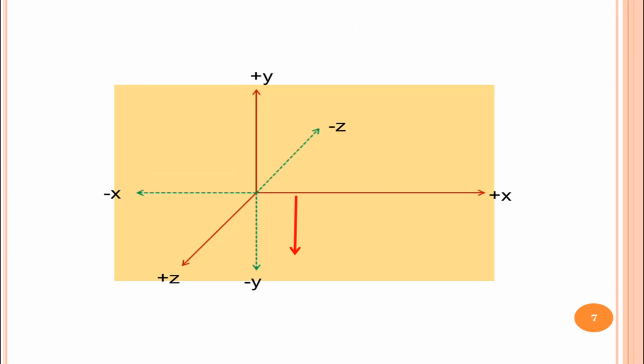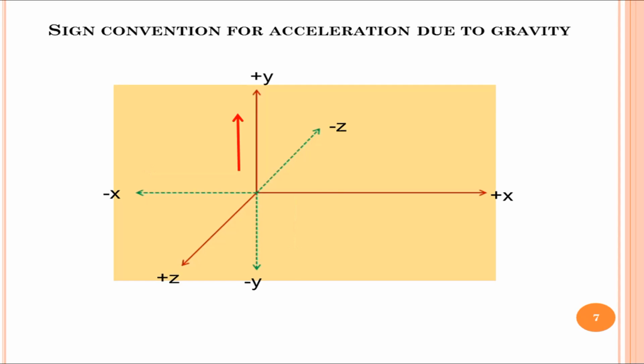Now coming to the acceleration due to gravity. For a body falling freely, g is acting in the negative y direction. Since the acceleration due to gravity is along the negative y-axis, it is considered as a negative quantity. Suppose the body is thrown upwards.